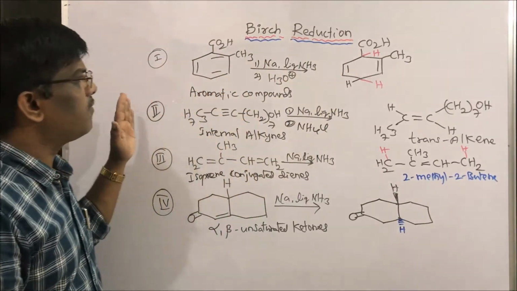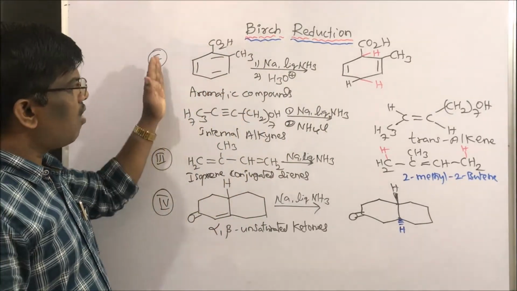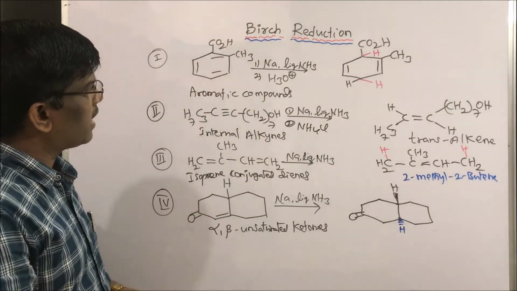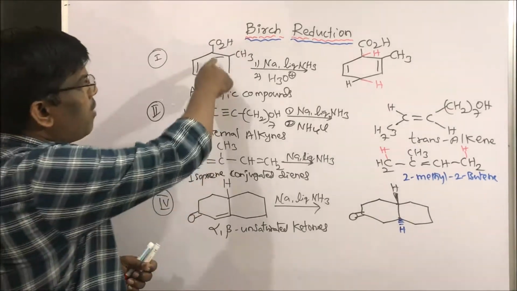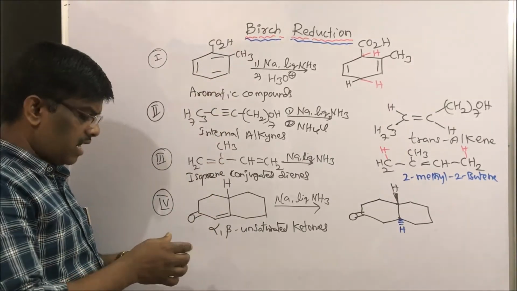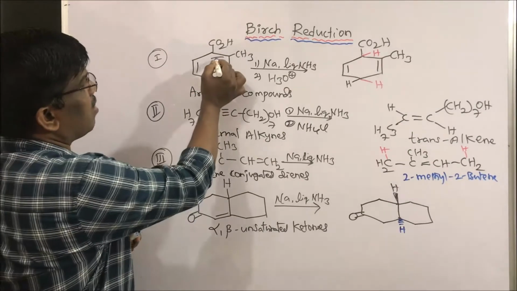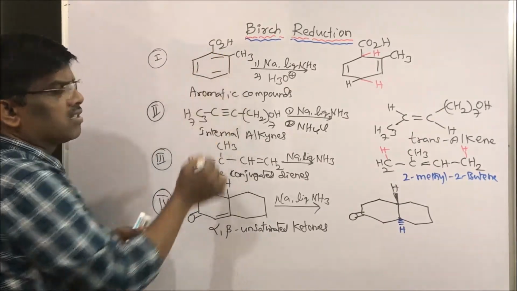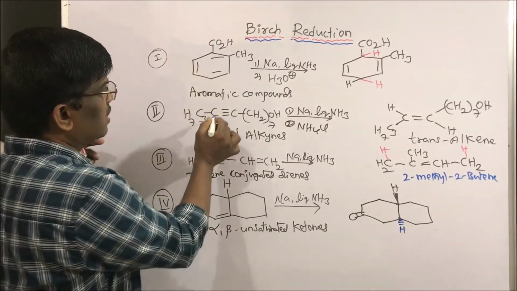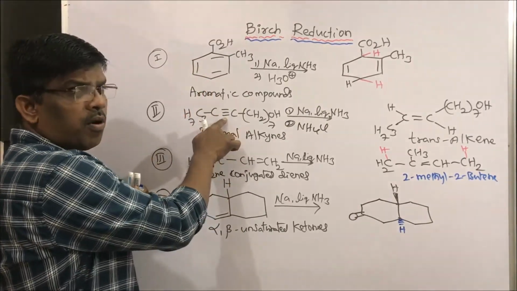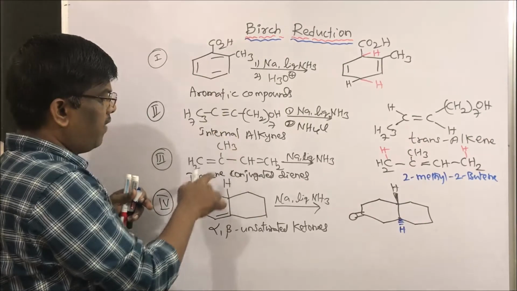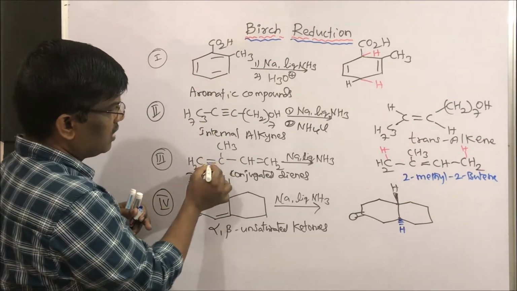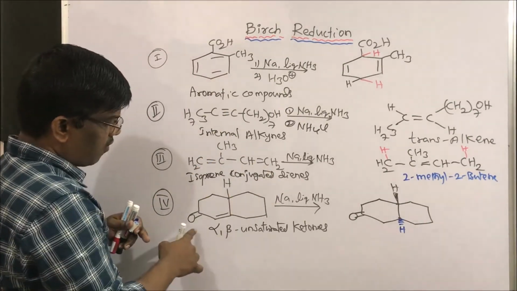Let us see one by one in detail. So in all these compounds, what is the common factor? The double bonds are conjugated. In all these, they are conjugated. Alternate double bonds are there. Here it is a triple bond, which is an exception. Whereas here is isoprene, so this is a conjugated double bond. What about this?